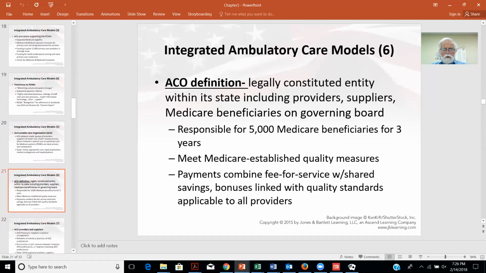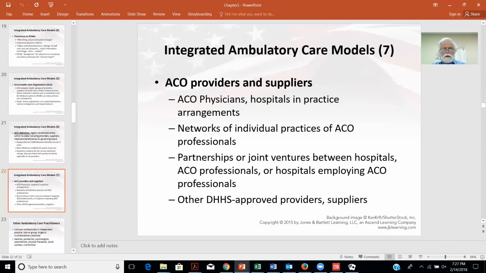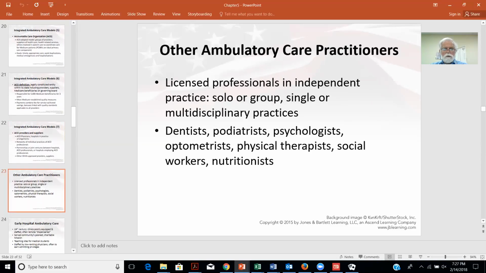An ACO, or Accountable Care Organization, is a legal entity, and it has been working out and leads to a number of different results and advantages to the patients, and also reduced costs. They have arrangements with other organizations, hospitals, etc., to provide the appropriate care.